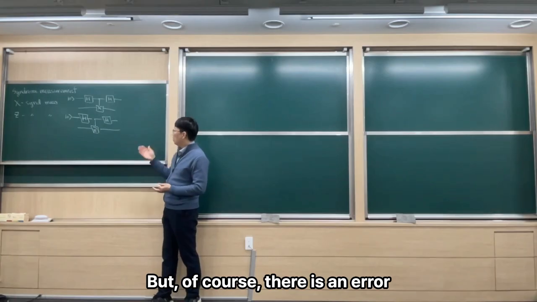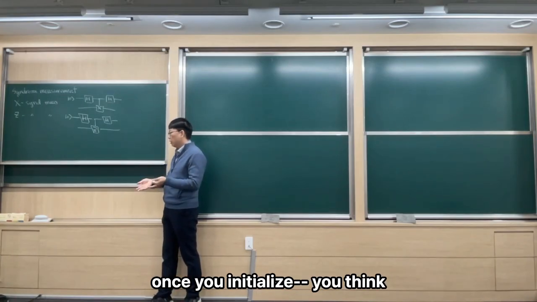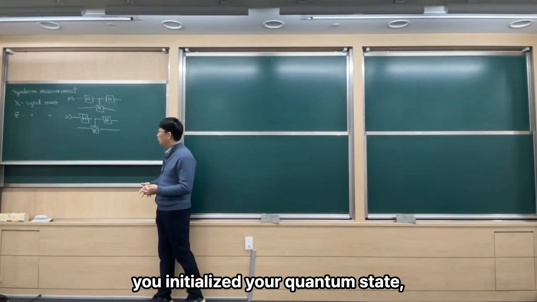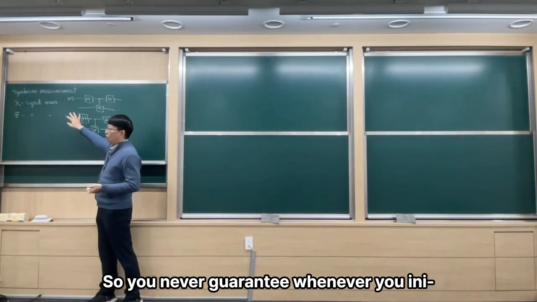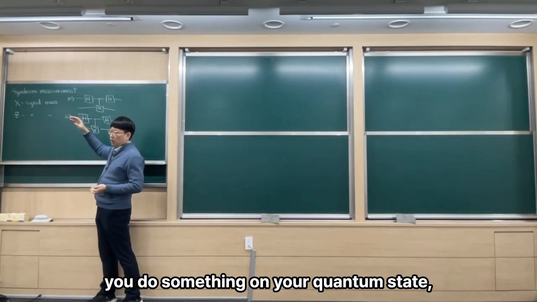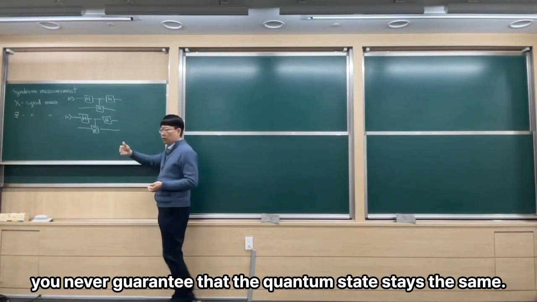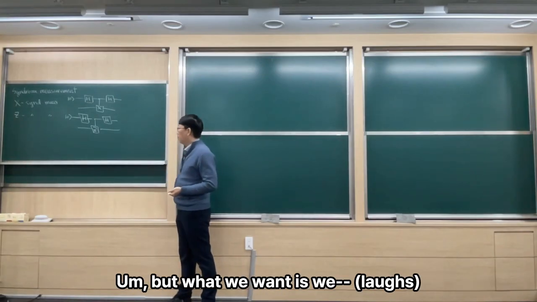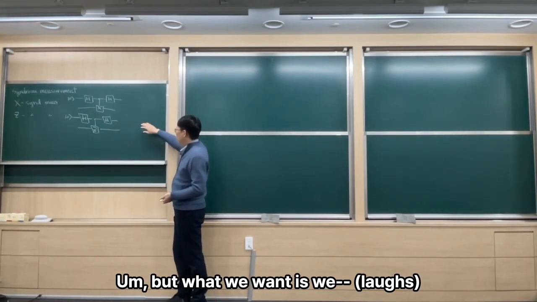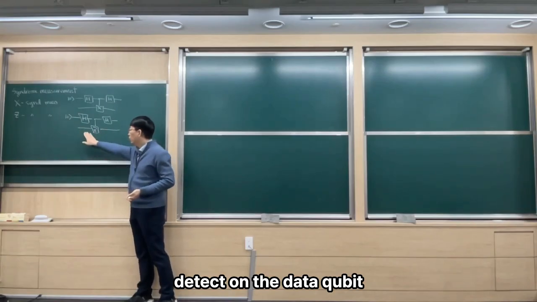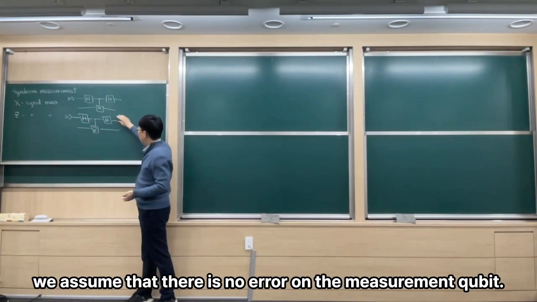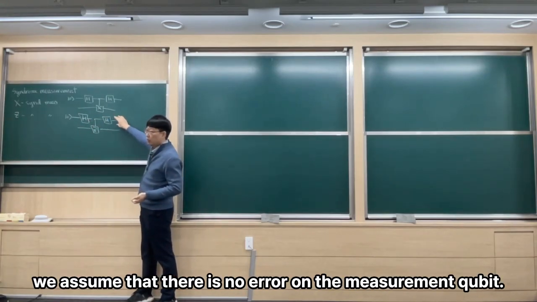But of course, there is an error. Once you initialize, you think you initialize your quantum state, there could be an error again. Whenever you do something on your quantum state, you never guarantee that the quantum state stays the same. But what we want is the error detect on the data qubit, which is the second register. So we assume that there is no error on the measurement qubit.